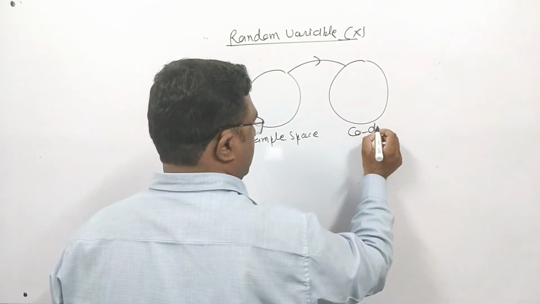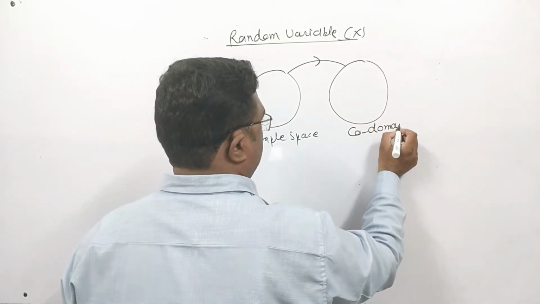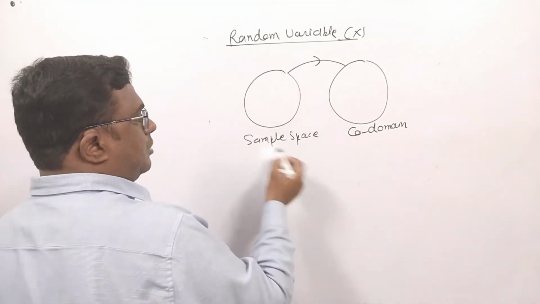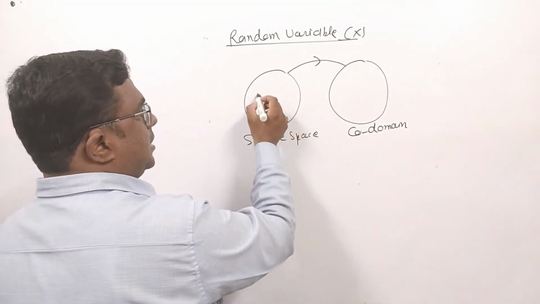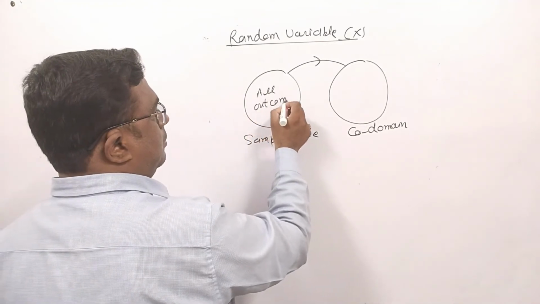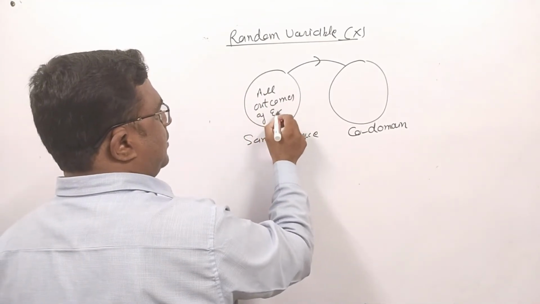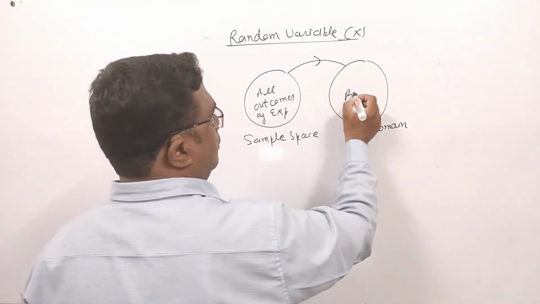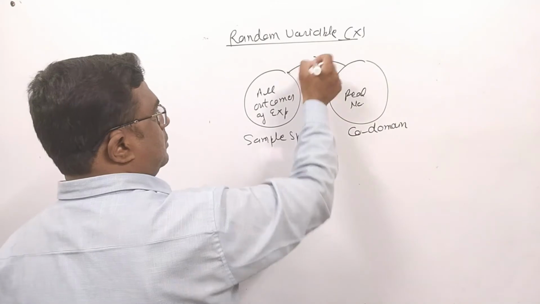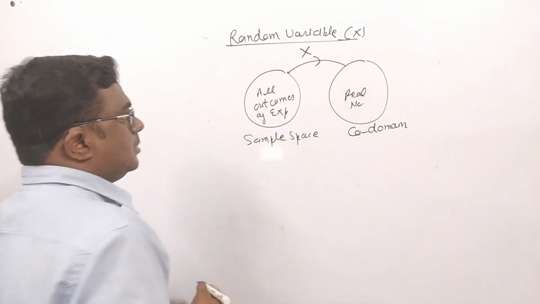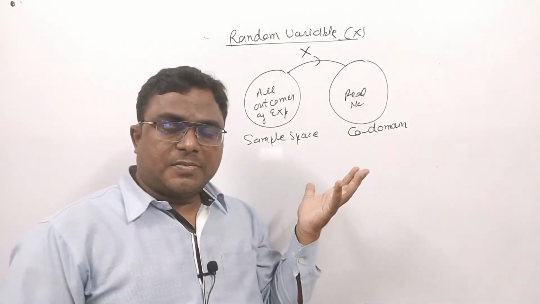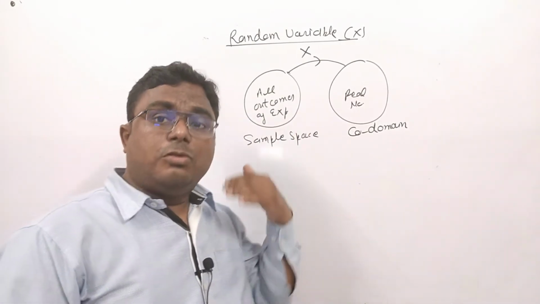I'm simply writing codomain. Sample space, what does sample space have? Sample space has all outcomes of experiment, and this will have real numbers, and this function is denoted by capital X. So what is random variable? Random variable is a function. Random variable is a real valued function.